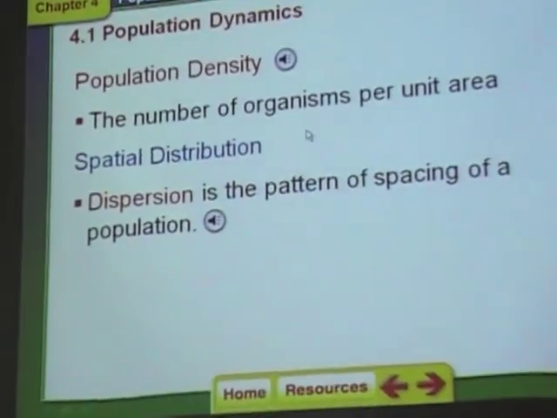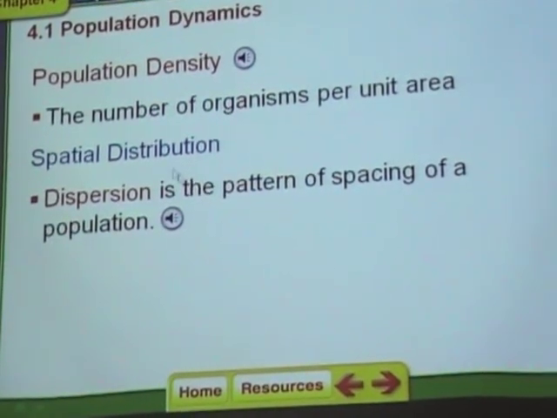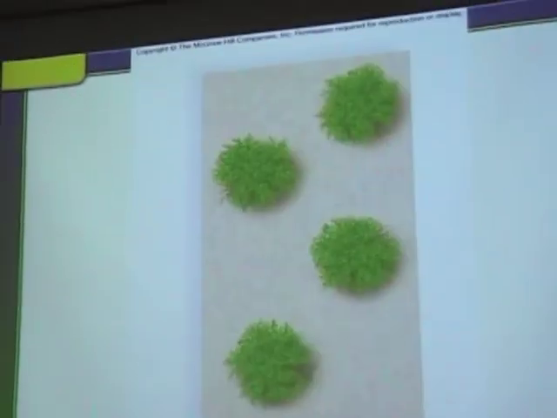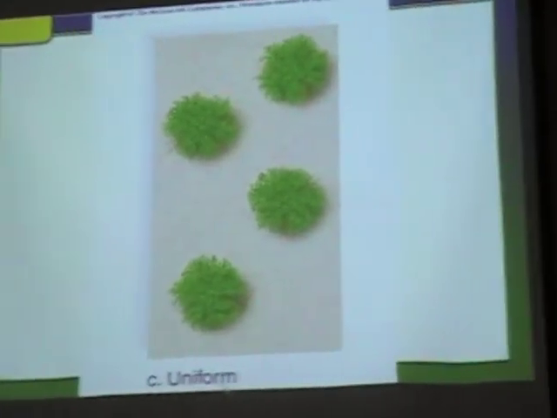We're going to discuss population growth today. We call this population dynamics. One of the things about populations is their dispersion pattern, how they spread themselves out in an area. And we have three different patterns that we see. One is called a uniform pattern.